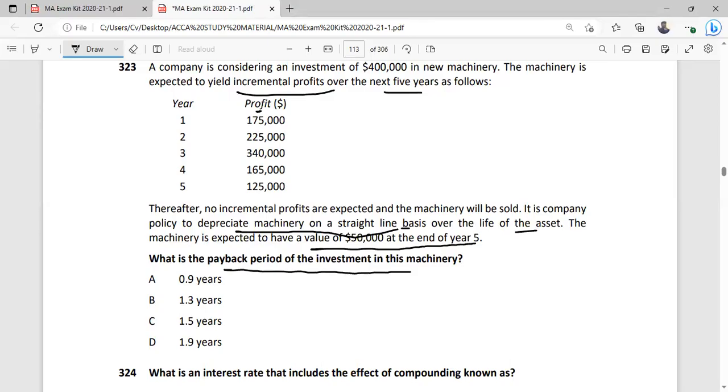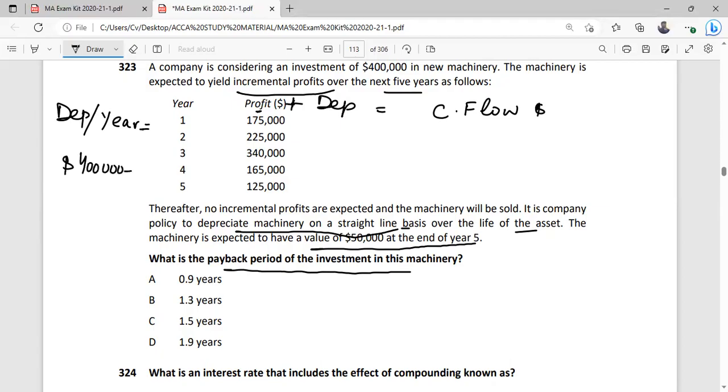To calculate payback period, we need cash flows, but we are provided with the profit. So what will we do? We will add back depreciation to calculate the cash flow. Now depreciation is not provided in the question, so we will calculate depreciation per year is equal to $400,000 minus scrap value divided by useful life.